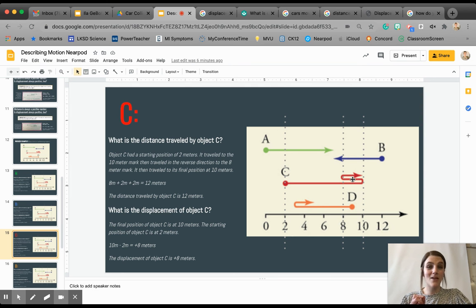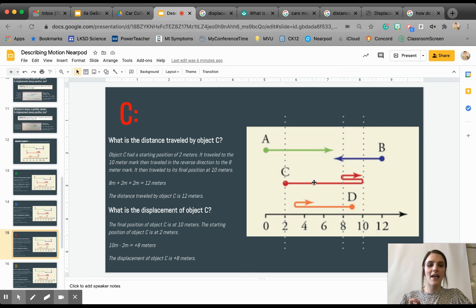The displacement, though, remember, we only care about the starting and the final position. Train your brain. The final position was 10 meters. The starting position was 2. 10 minus 2 is 8, and this is a positive 8. So that tells us that that object ended up at a position to the right of or ahead of where they started.